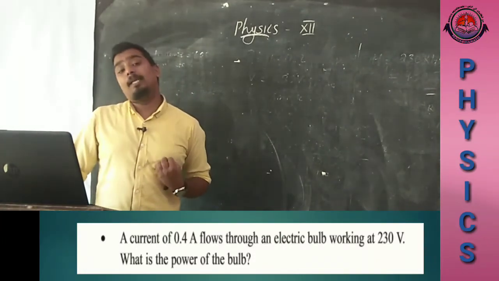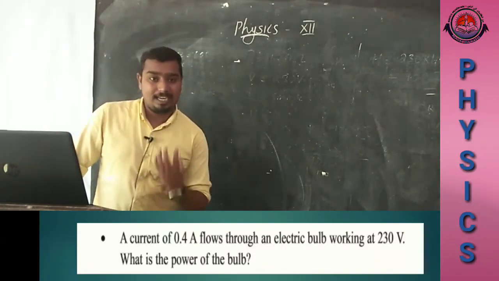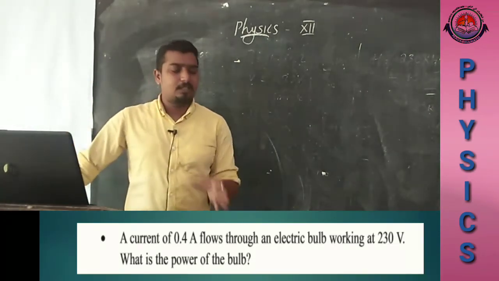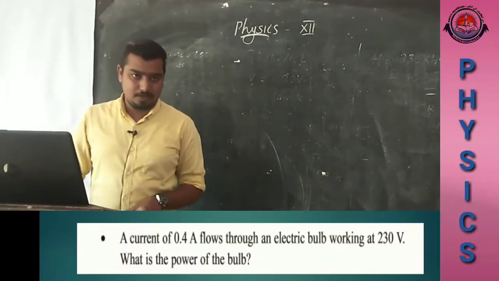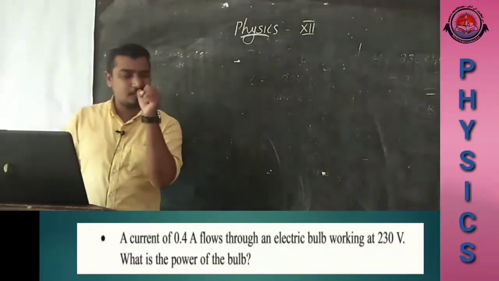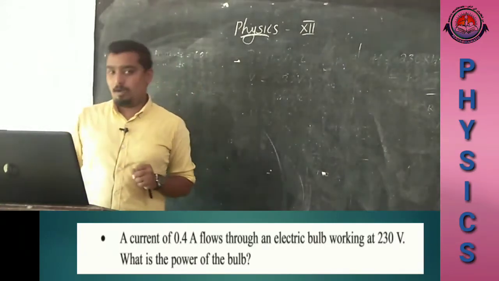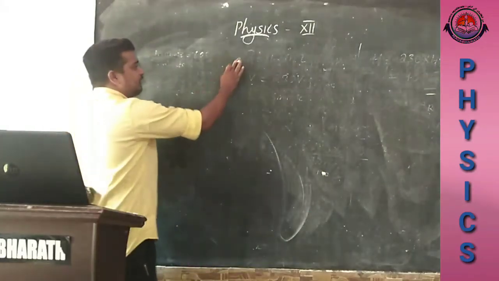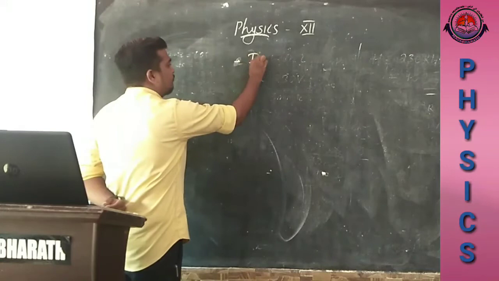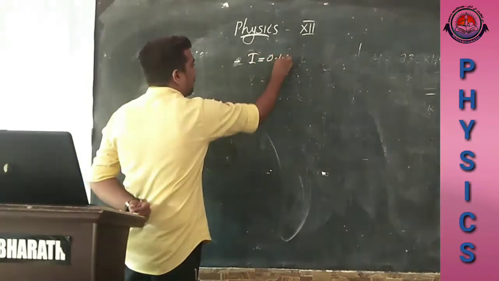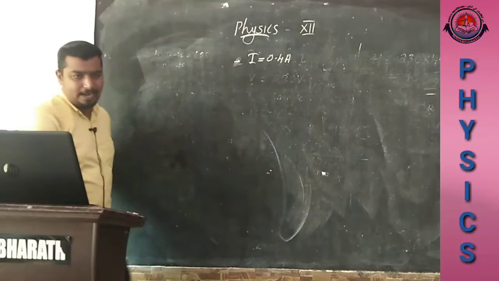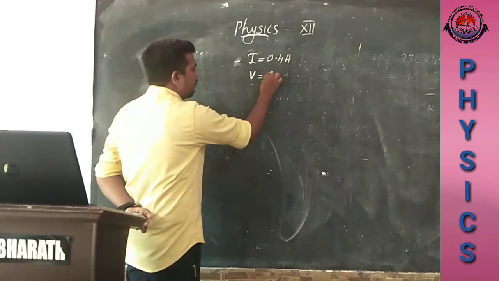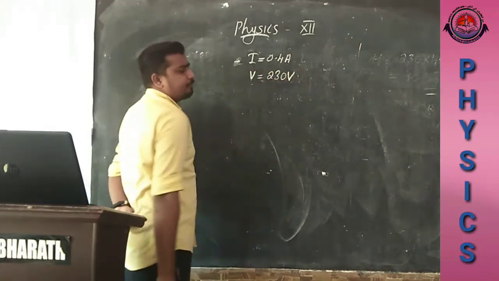What is power? The electrical energy consumed in a unit time is called power or electric power. Here we want to calculate the electric power of the electric bulb. For that, the given values are I equal to 0.4 ampere and voltage, the potential difference V equal to 230 volt.